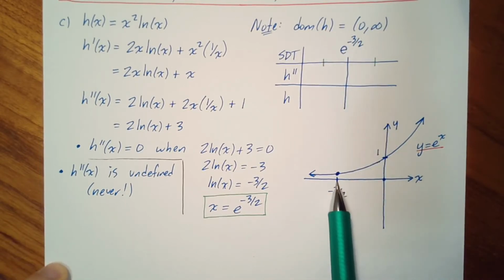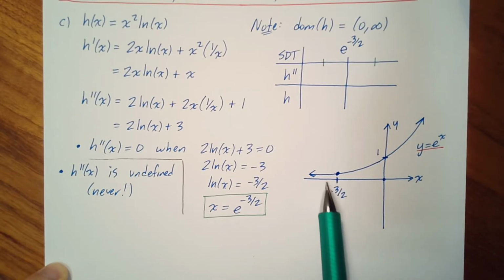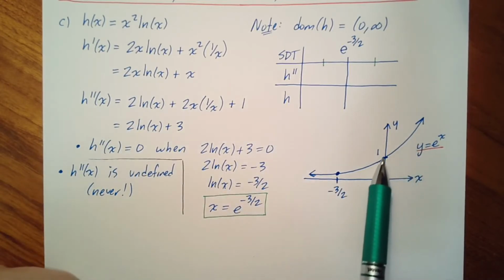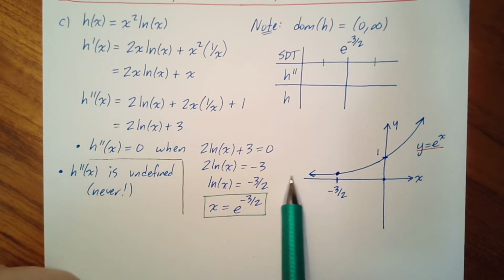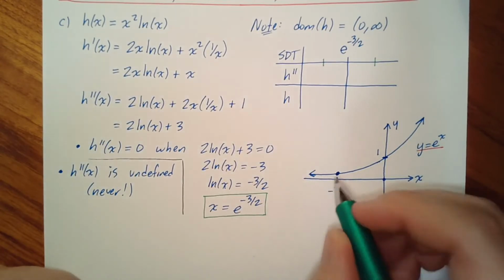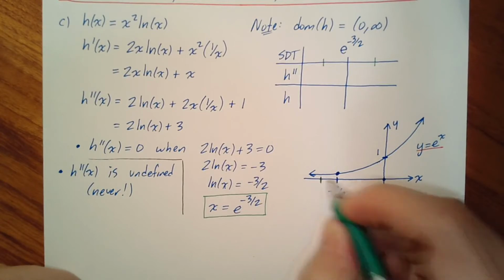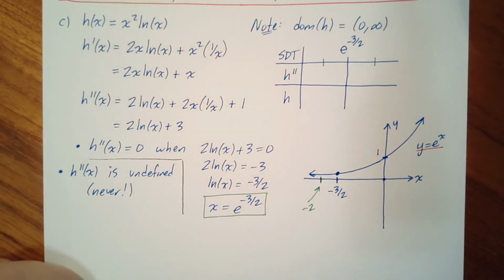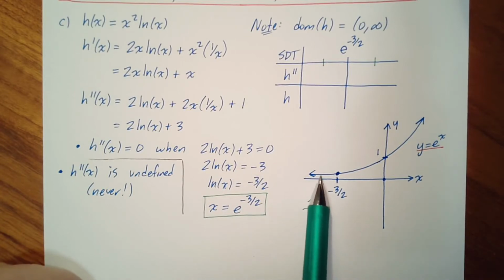So what happens if I take negative 3/2 and replace it with a value that's further to the left along the x-axis? Well, the y values of these points are getting smaller, right? They're decreasing and getting closer to the x-axis. So if I were to pick something like negative 2 there, that's a value that's further to the left on the x-axis than negative 3/2 is. And the y-coordinate is actually smaller than the y-coordinate at this point.